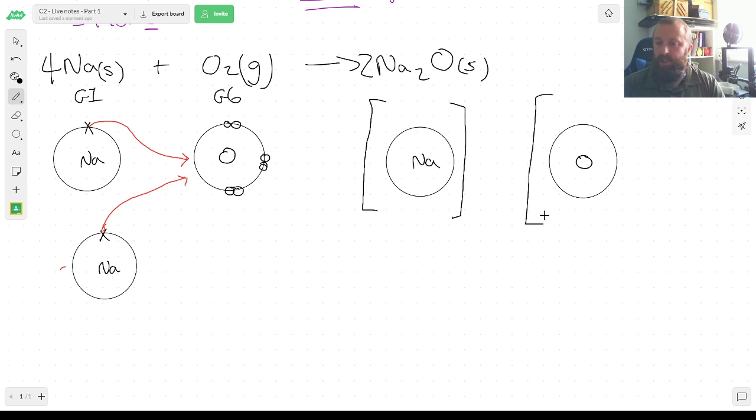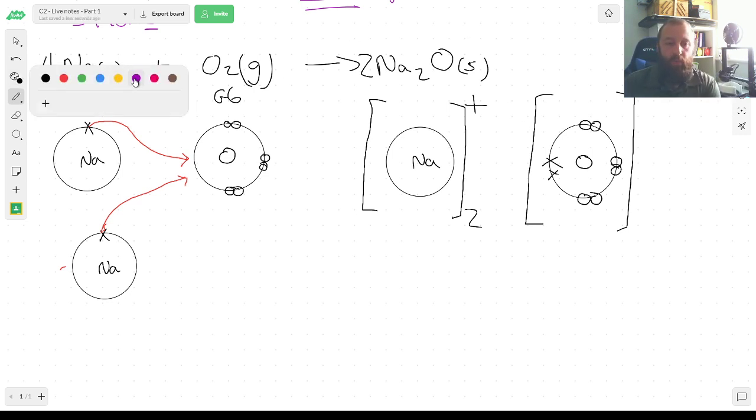Let's put our brackets in to show these are ions. Each sodium is losing 1 electron, so it's a +1 charge, but I've got 2 of them. And remember the oxygen is going to be a -2 charge. So that should match perfectly the formula up here.